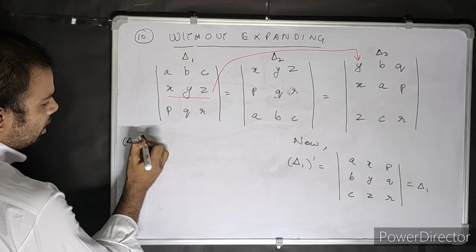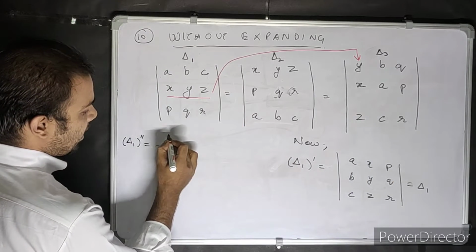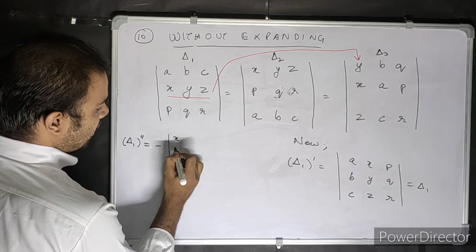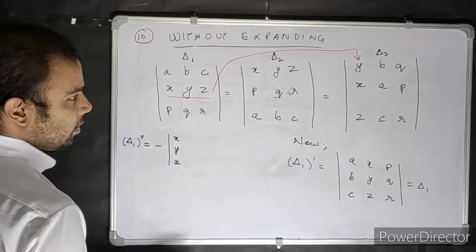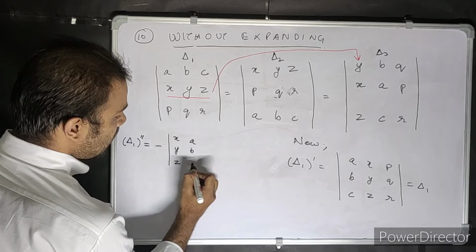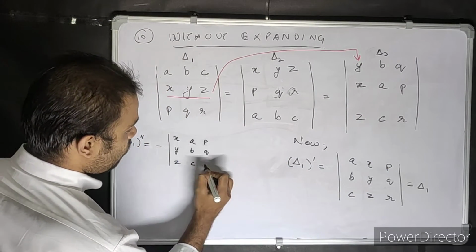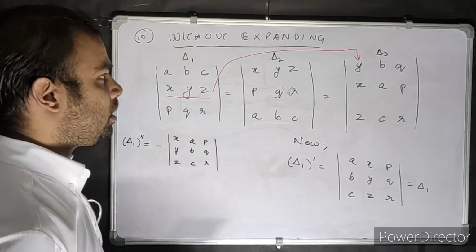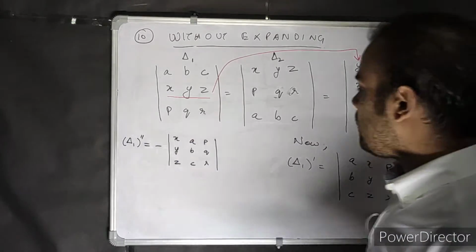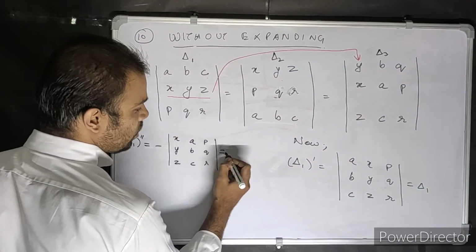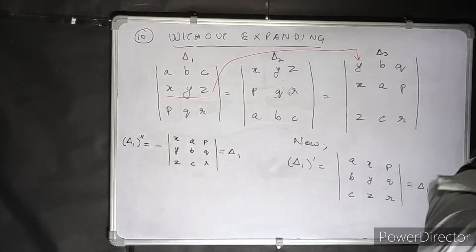Determinant 1 double dash will be equal to negative, we have x, y, z in the first column, a, b, c in the second column, and p, q, r in the third column. Look at this, the x, y, z went from the second to the first column. So basically this is equal to determinant 1 again, with a negative sign.